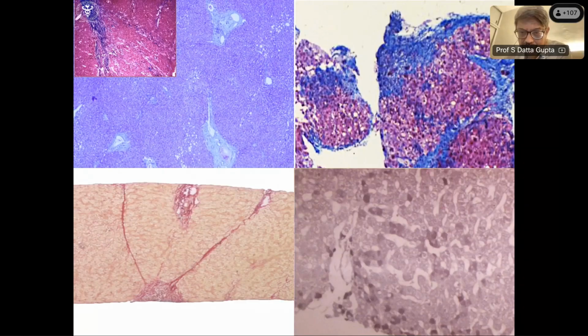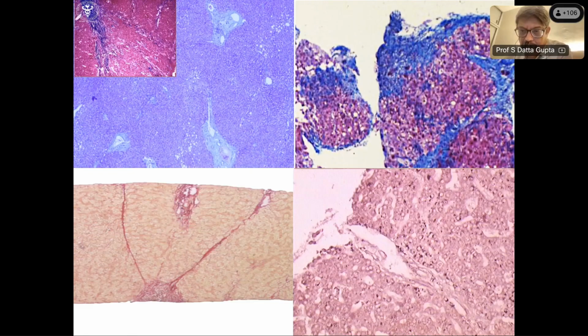Of course, it has other advantages. You can find out these are hepatitis B surface antigen positive cells or Shikata cells in an orcein stain. Orcein stain also helps in identifying copper binding protein. Whenever there's biliary disease, Wilson's disease, because if there's biliary obstruction, primary sclerosing cholangitis, the copper doesn't get excreted.